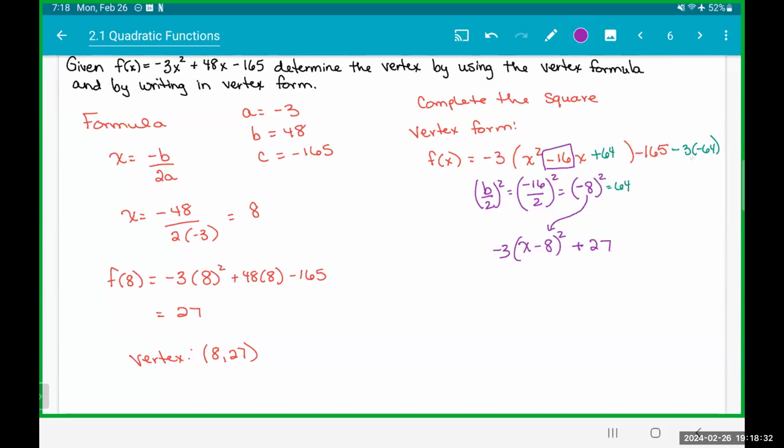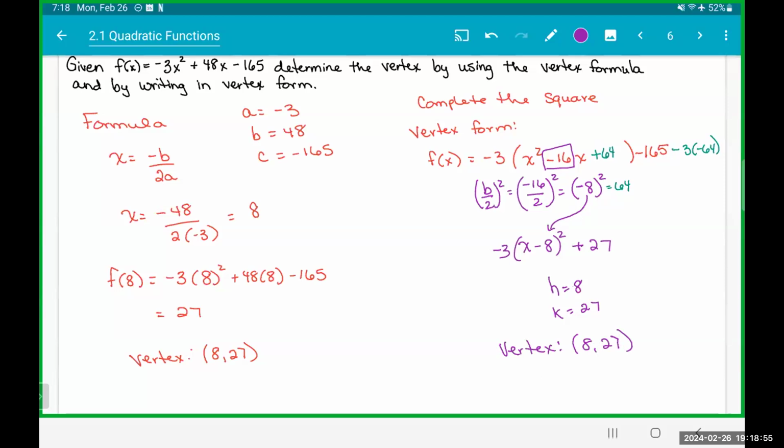So this gives me here that my h equals 8, my k equals 27. Therefore, my vertex is (8, 27). And you can see by either method, I get the same solution.